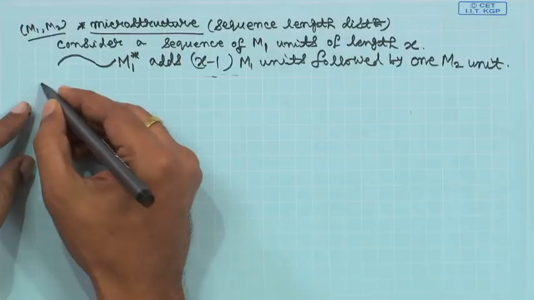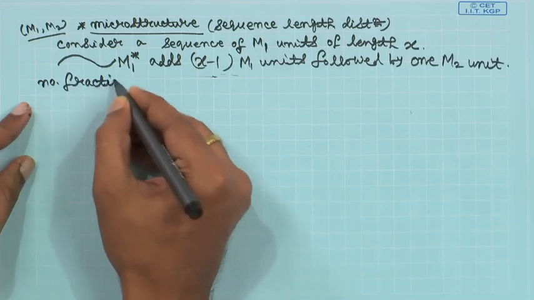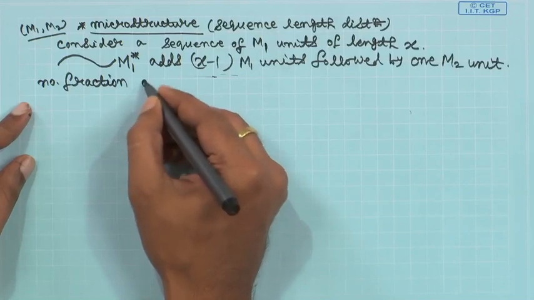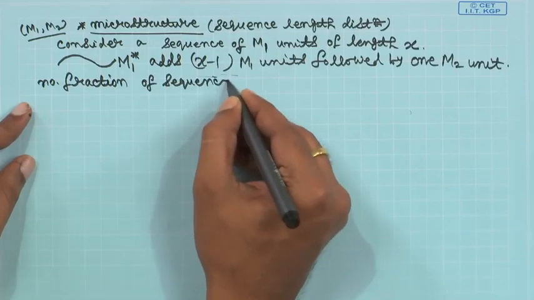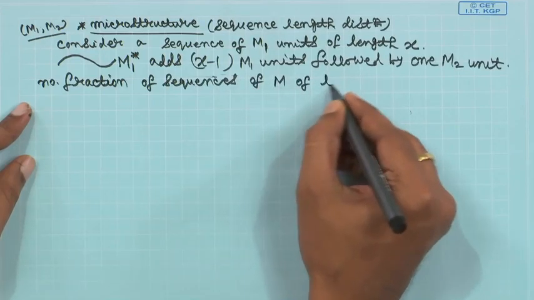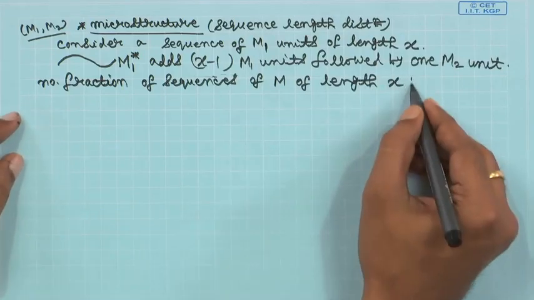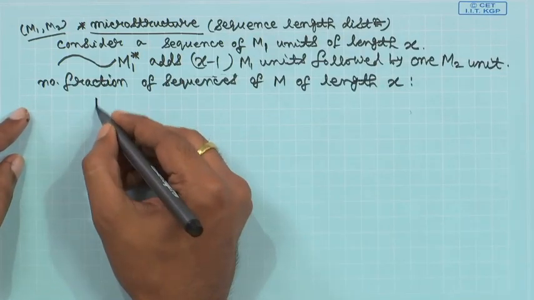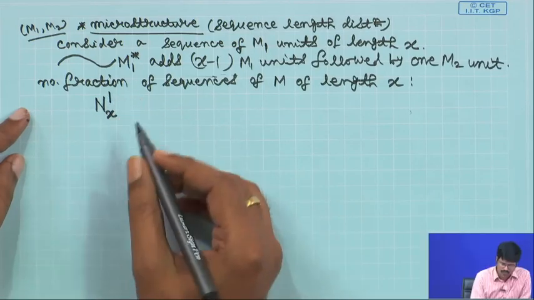So, what is the number fraction or probability? Number fraction, both are the same in this case. Number fraction of sequences of M of length x. What is the number fraction of that? So, we will write it like this, capital N x subscript 1 superscript.